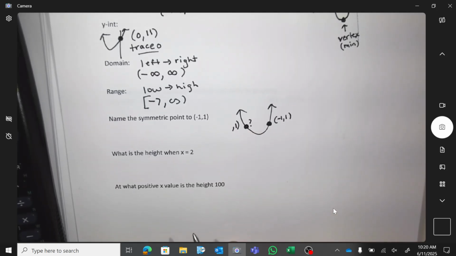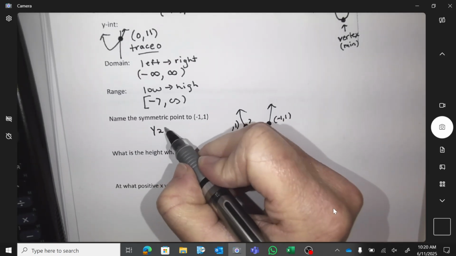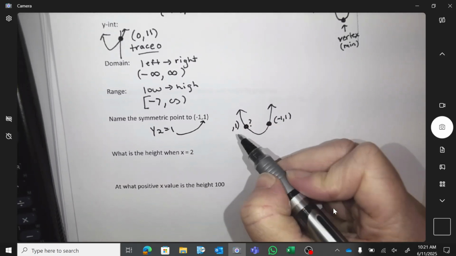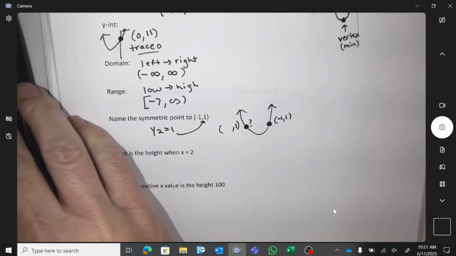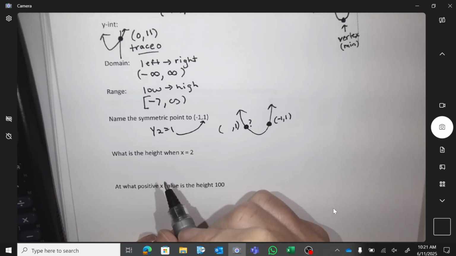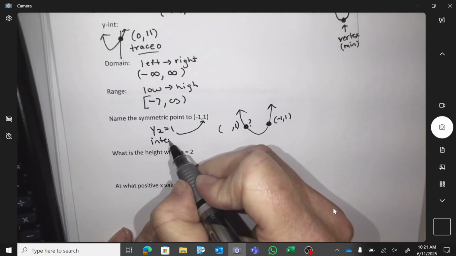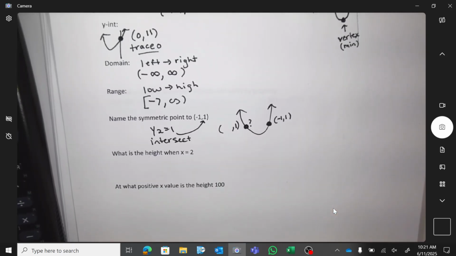So what do you do on your calculator if you know the y value? y2 equals 1. And then what do you do with those two? You do the intersect. Remember that?